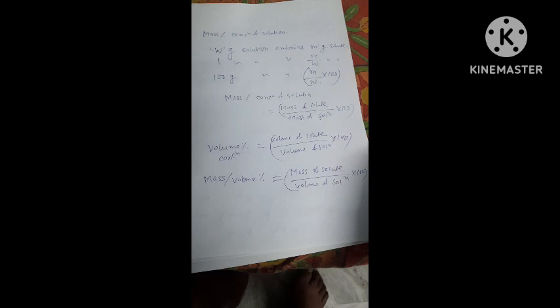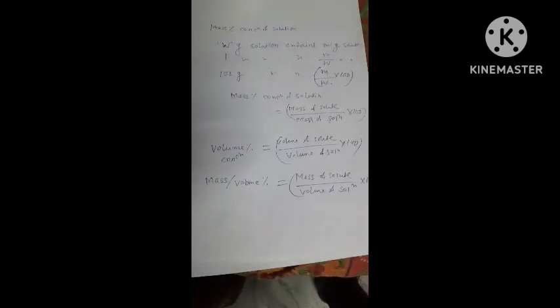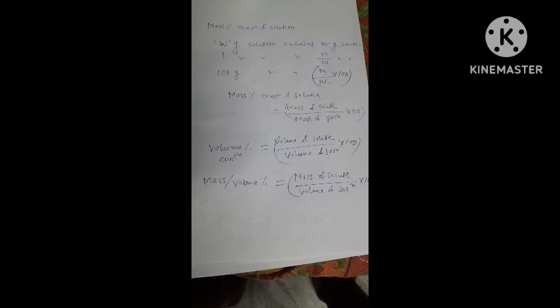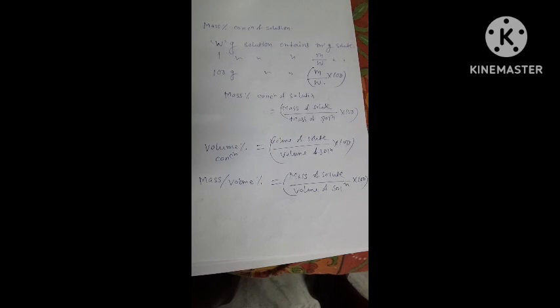So this is the mass by volume percentage concentration of a solution. So students, I hope that you have understood about the mass percentage concentration, volume percentage concentration, and mass by volume percentage concentration of the solution.